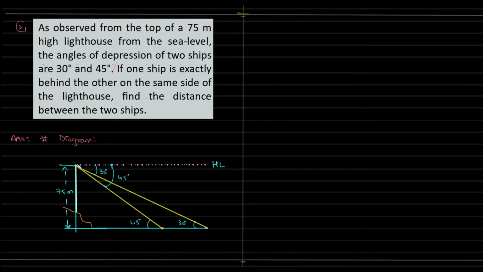So now, what are we looking at? We're looking at triangle ABCD. We have to find the distance between the ships, that is CD.